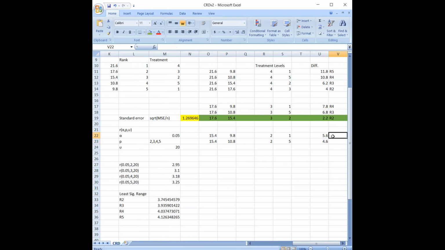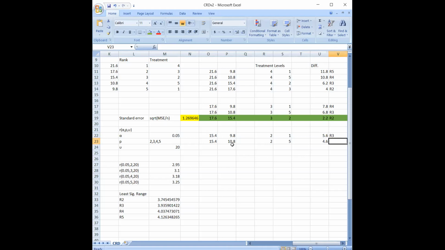When you take 15.4 and 9.8, you have only one mean value in the middle, so the gap is equal to 1. In that case, p is equal to 3, so you have to compare this with R3.